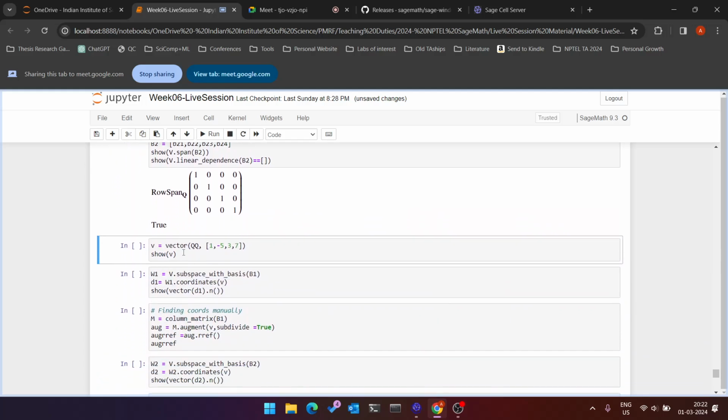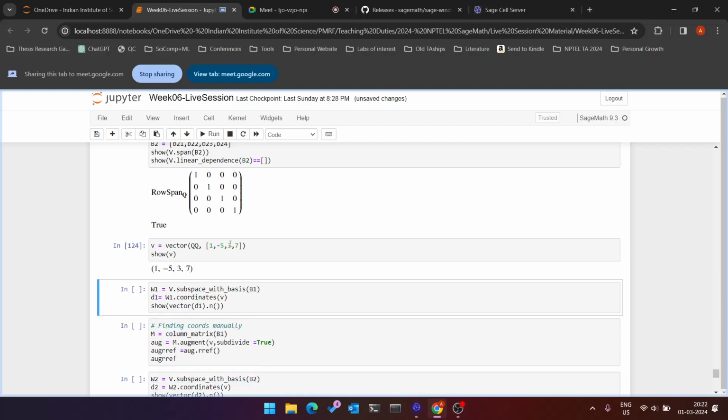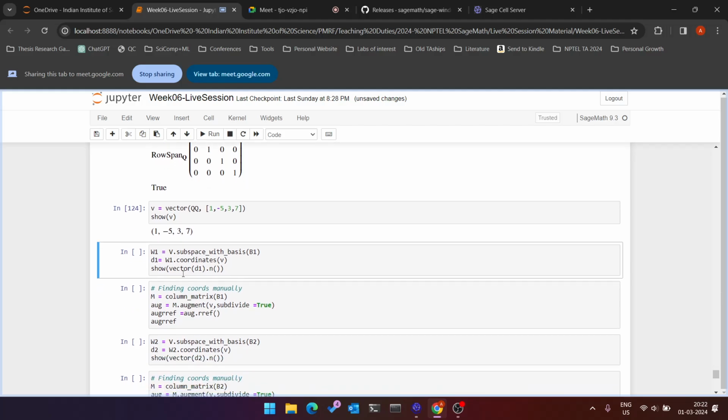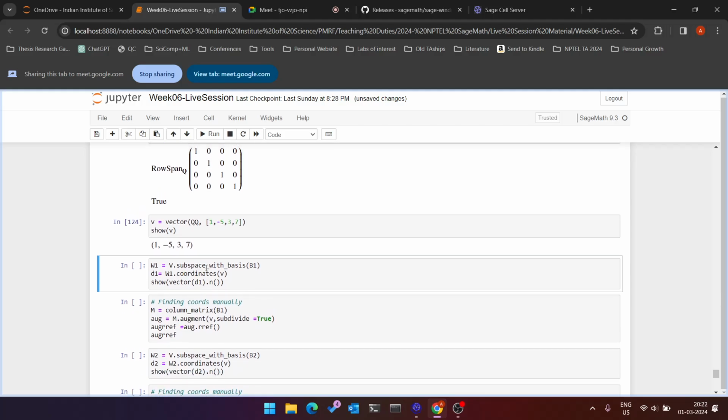Now, what we want to do is suppose we define a random vector V belonging to our capital V vector space. Now we want to calculate what are the coordinates of this vector V using basis B1.